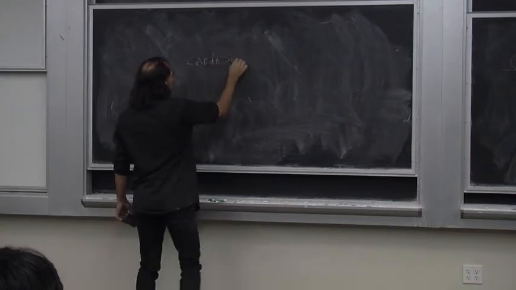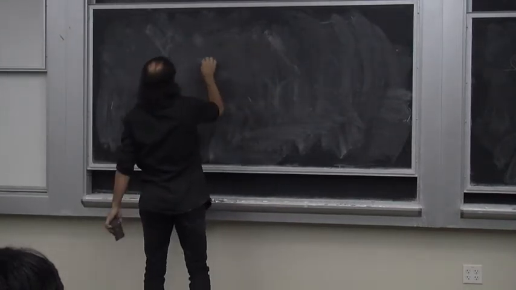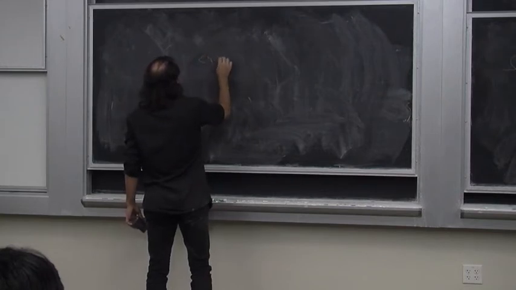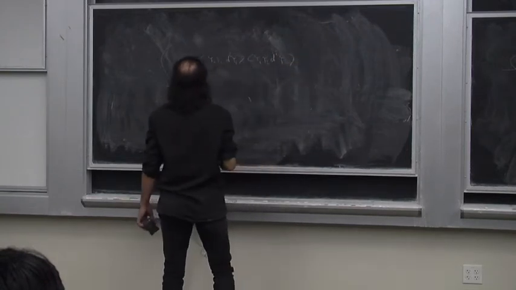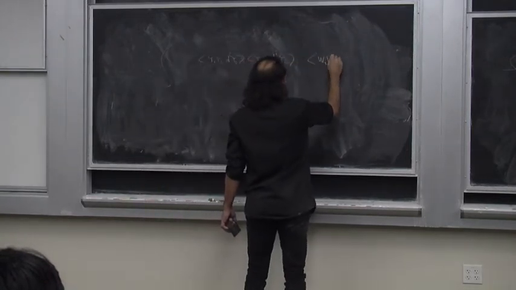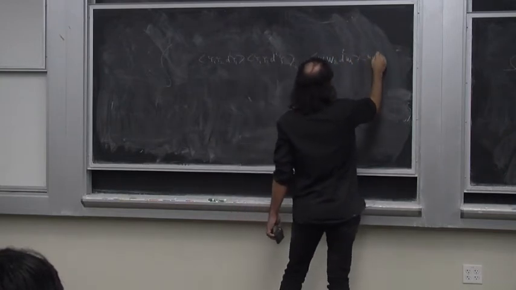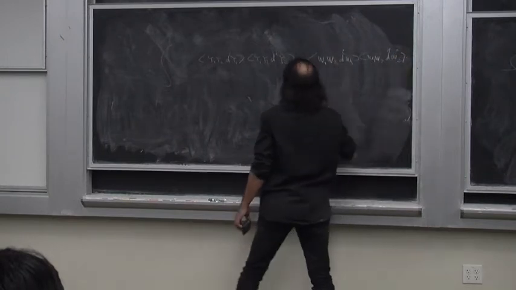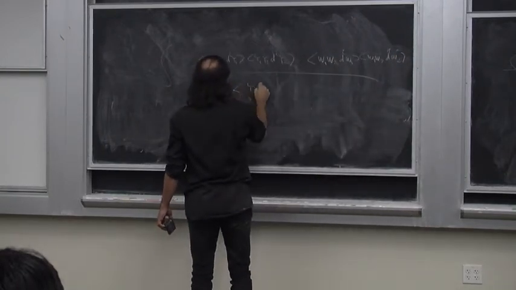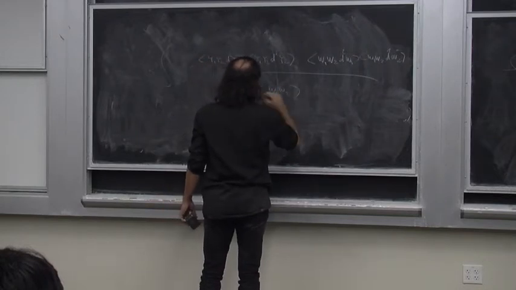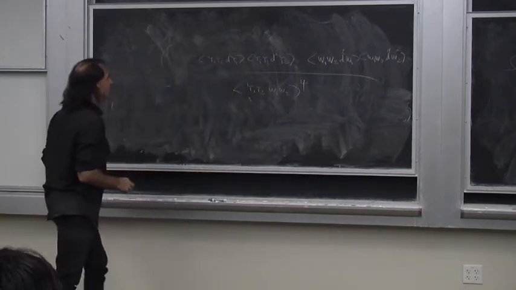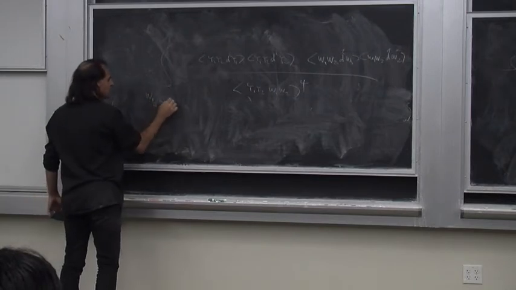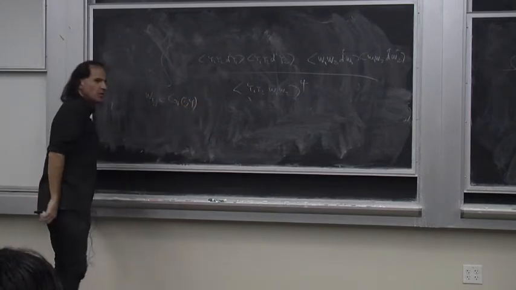You can write y1 y2 d squared y1, y1 y2 d squared y2, and then the dual analog, w1 w2 d squared w1, w1 w2 d squared w2, over y1 y2 w1 w2 to the fourth, where w12 lives inside positive G24. That's what the dual looks like.